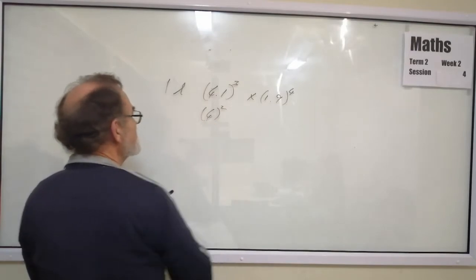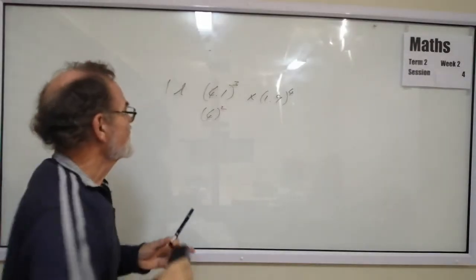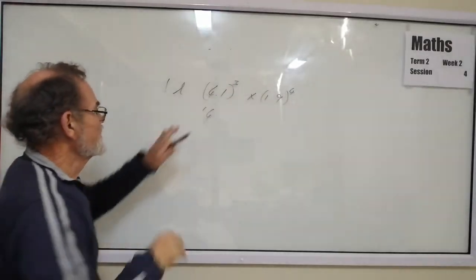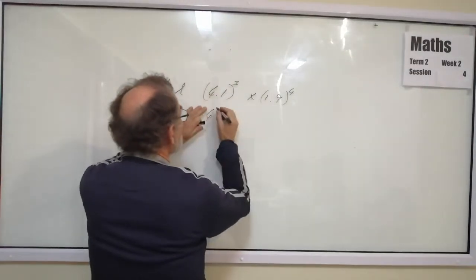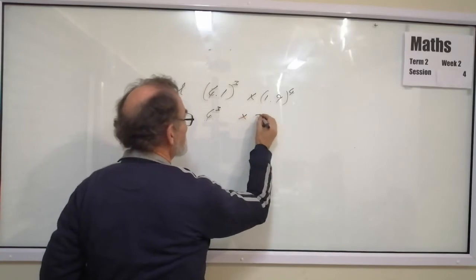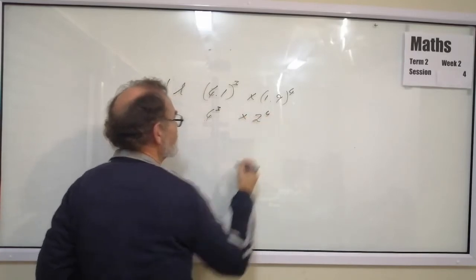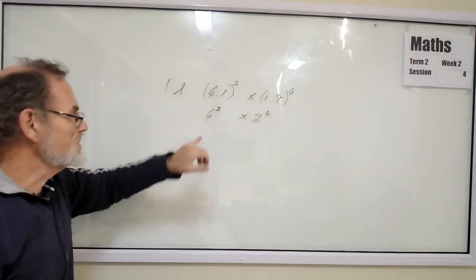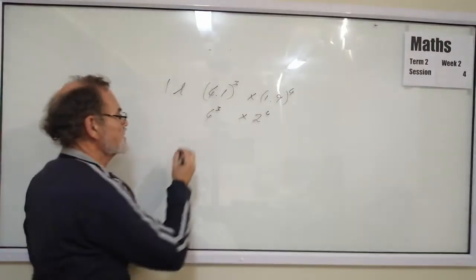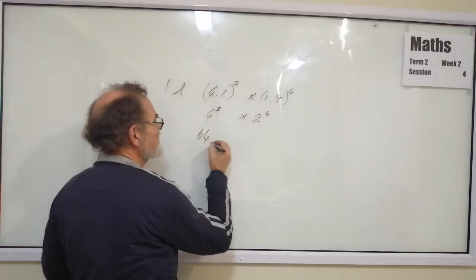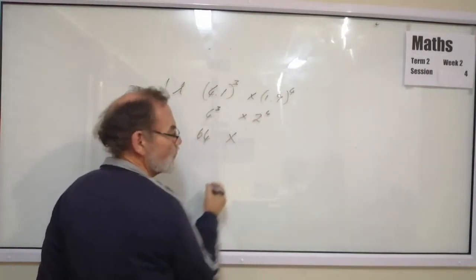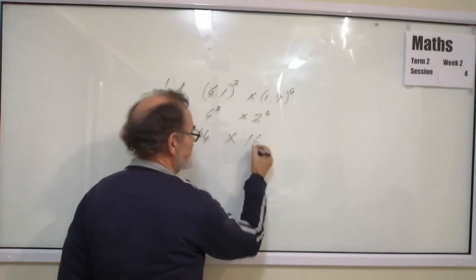We don't actually need the brackets anymore because the decimal has gone. So it's 4 cubed multiplied by 2 to the power of 4. 4 cubed: 4 fours are 16, and 16 times 4 is 64. And 2 to the power of 4, we all know is 16.